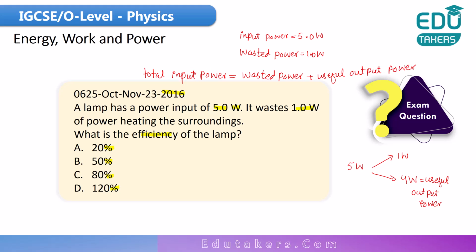So here we are given the input power, which is 5.0 watt. I write here 5.0 watt. It would be equals to wasted power. It is 1.0. And after that, here is the output power, which is useful.